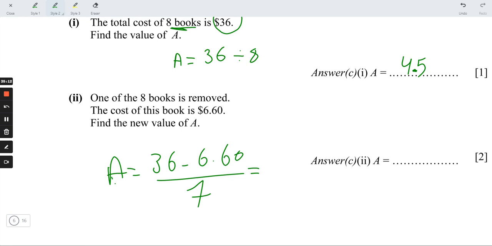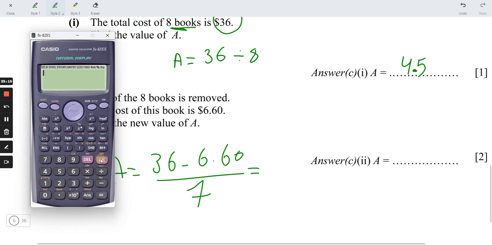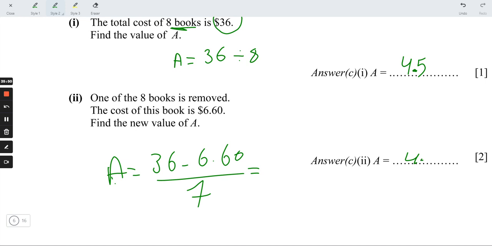So using the calculator here, we have 36 minus 6.60, which is equal to this, then divided by 7, and this will give us 4.2, so $4.20.